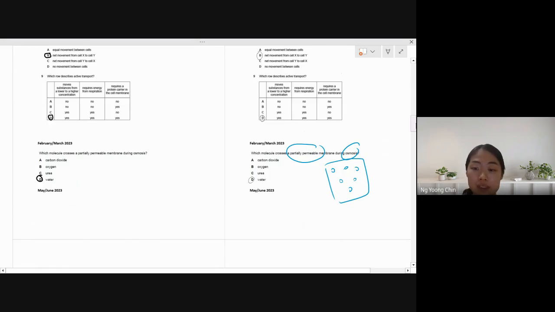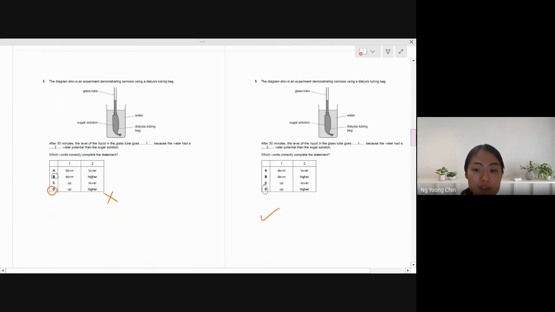For this one, the answer is donkey. Why? This is because this is the dialysis tubing. You just imagine that this dialysis tubing actually refers to the semi-permeable membrane.